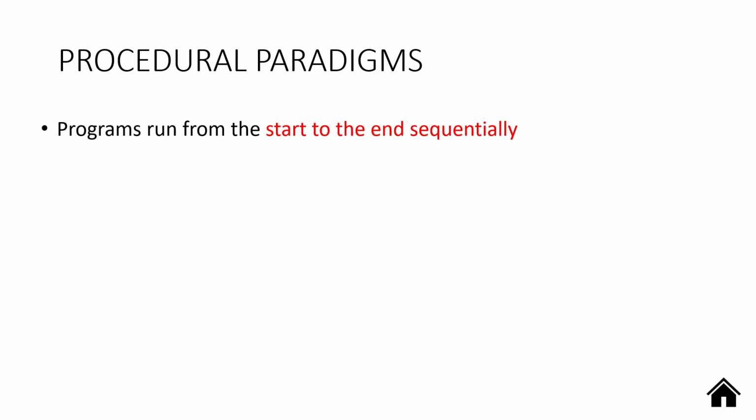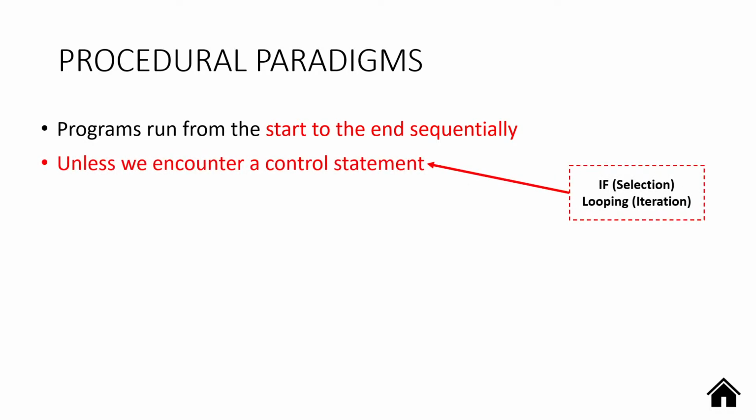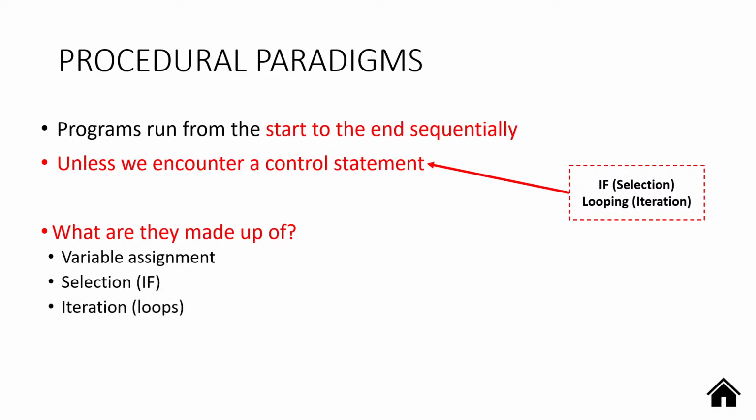Now the only way in which they change their direction is if we encounter something called a control statement, and that could be an if statement of some kind, which is selection, or it could be iteration, which is looping. They have your standard things that you see in programming, such as variable assignment, selection, iteration, and they'll have modularity built in, and modularity is basically splitting things up and recombining them later.